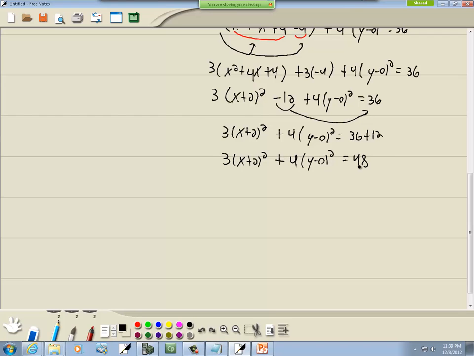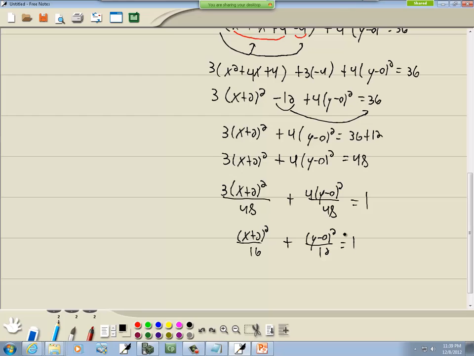Now we need a 1 on that side, so we'll divide everything by 48. It almost comes out really nice. Of course, it's obviously an ellipse, so we've got a plus there, but I didn't mention that. 3 and 48 both divisible by 3, so we got (x plus 2) squared over 16 plus (y minus 0) squared over 12 equals 1.